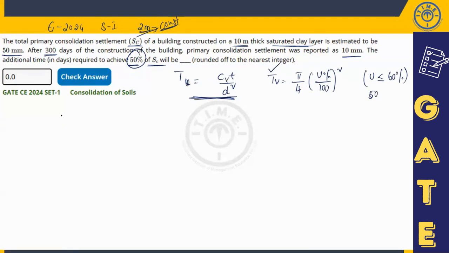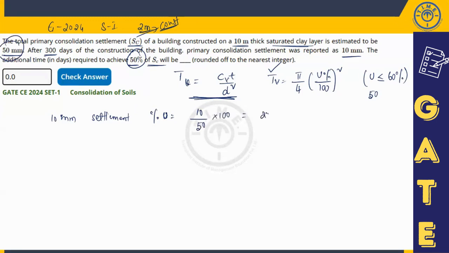And now first let us see for 10 mm settlement. For 10 mm settlement, what is the percentage consolidation? Percentage U, how much is it? 10 divided by total consolidation 50, into 100.